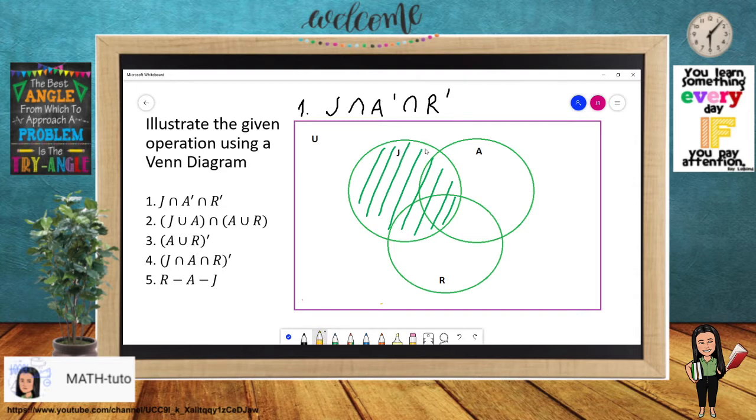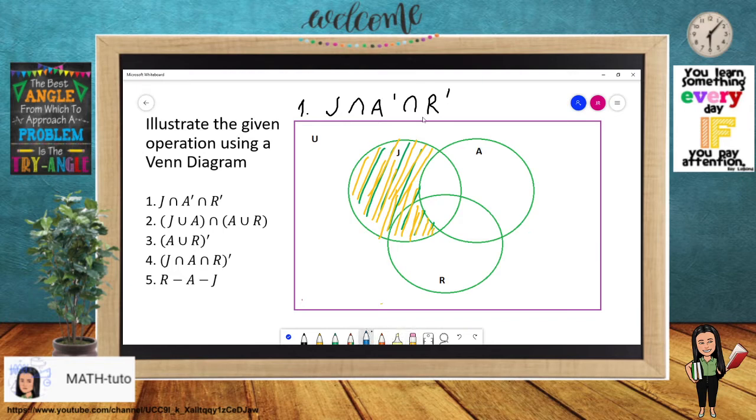So, the portion in A prime that would intersect with J is only this part. Okay? Yan. Ibig sabihin, etong part na to, pwede na natin siyang tanggalin because since it did not intersect with A prime, it would not intersect with R prime as well.